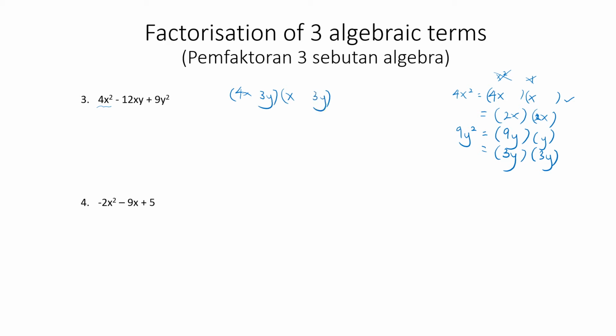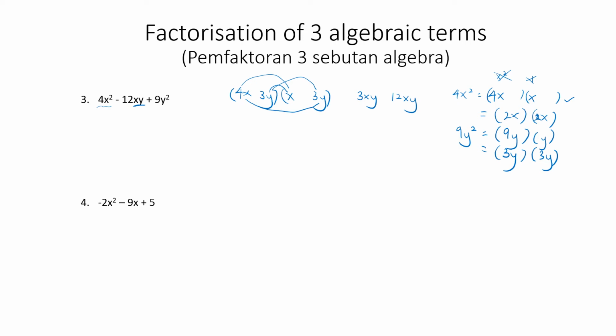So let's try. When I do expansion, this will get 4x squared, and this I will get 9y squared. And to get the term of xy, I have to expand this. I'll get 3xy, and expand this, 4 times 3 is 12, 12xy.